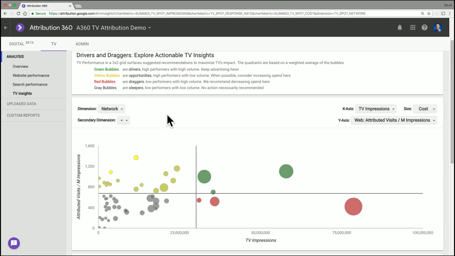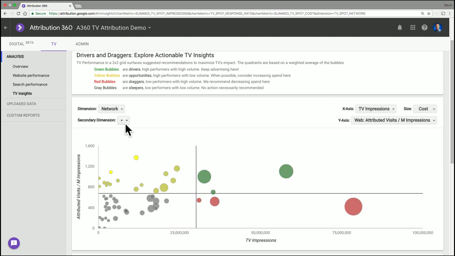This is where we can potentially increase our budget or our spend on these networks to improve the overall performance of our campaign. Down in the bottom right corner, these are things that have high volume but low performance. They're the draggers. This is where we have opportunities to optimize our campaign by potentially reducing our spend in these areas. And then the things that are gray we call the sleepers. They're not performing necessarily well, but they also have relatively low volume.